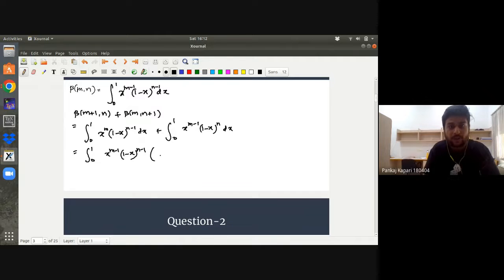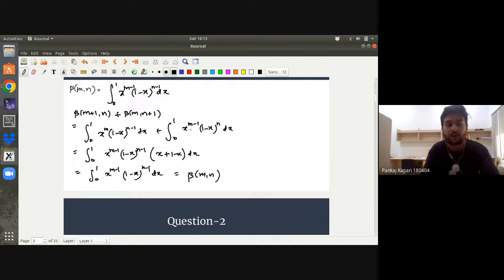What do we have in the bracket? We have x plus 1 minus x, dx. And that is the integral from 0 to 1 of x to the power m minus 1 and 1 minus x to the power n minus 1 dx, which is precisely equal to beta of m comma n.